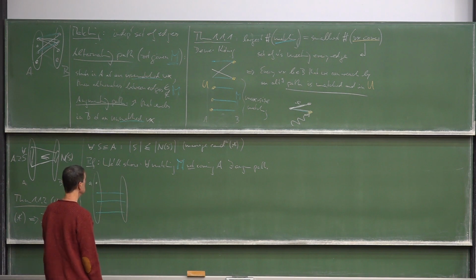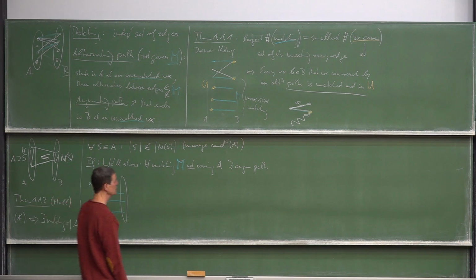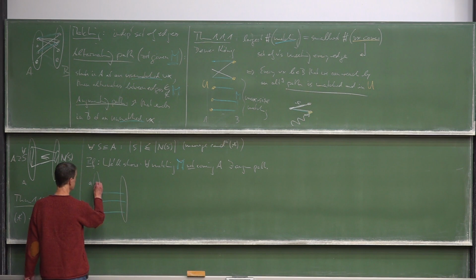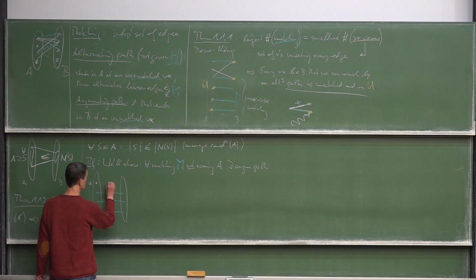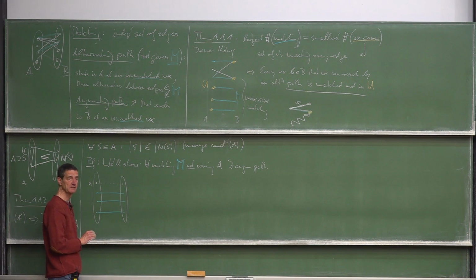Okay. Let's try and find an augmenting path. If we can find a neighbor of a that isn't matched, then that's our augmenting path.